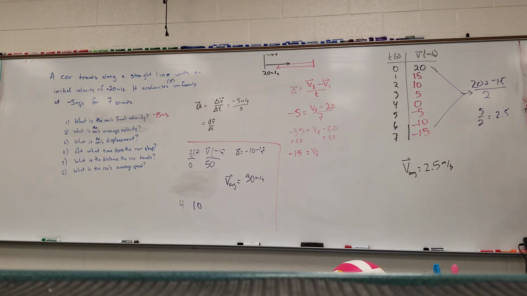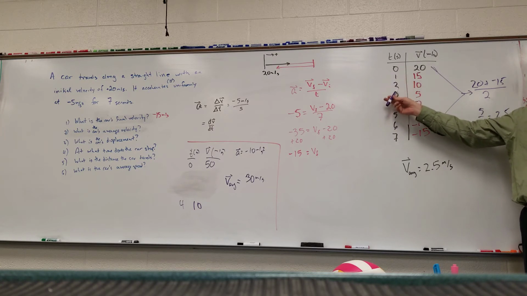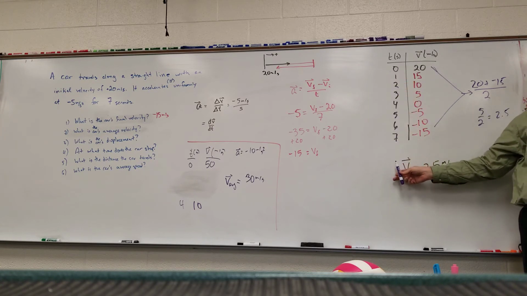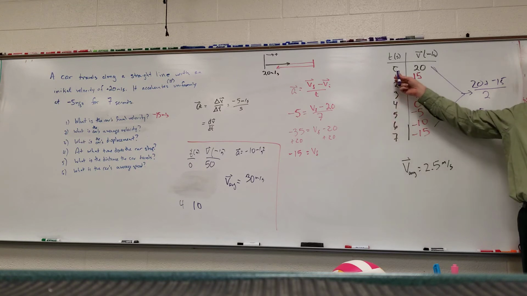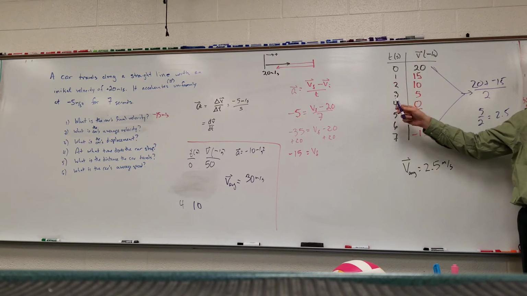Now the first technique where you added them all up, where you added up all 8 numbers and divided by 8, something like that works as long as you're going by some regular interval of time. So we went by seconds here, 1 second. But if I had done 0 seconds, 0.5 seconds, 2 seconds, at that point that technique does not work.